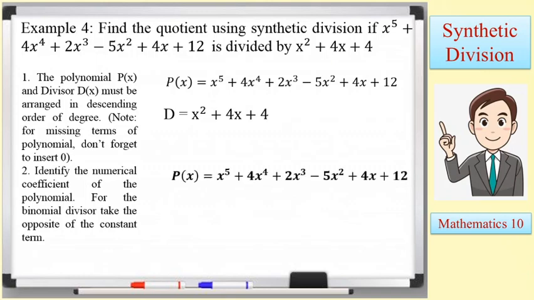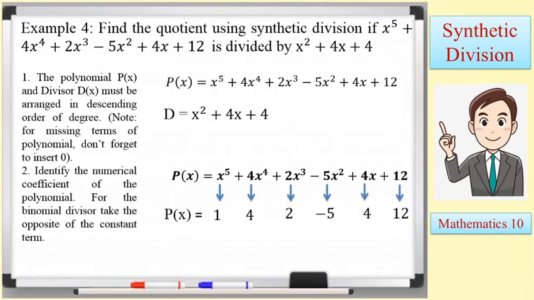Next step is to identify the numerical coefficient. So, we have 1 for x to the 5th power. Always na 1 yung ating numerical coefficient kapag x lang yung nakikita nyo. Okay? Next, we have positive 4, positive 2, negative 5 kasi minus 5, positive 4, and positive 12. Okay?